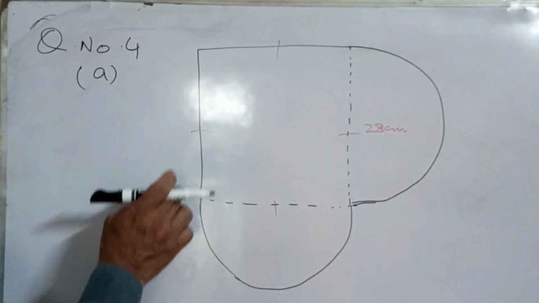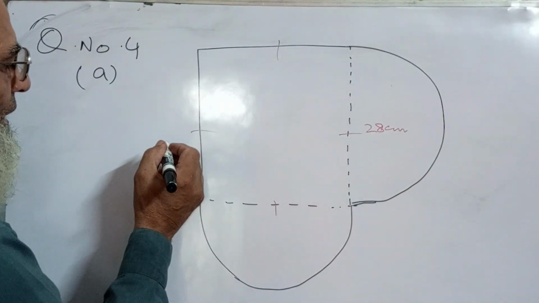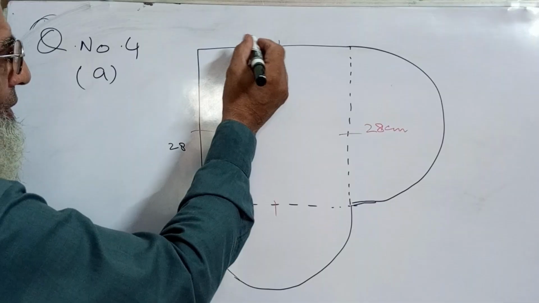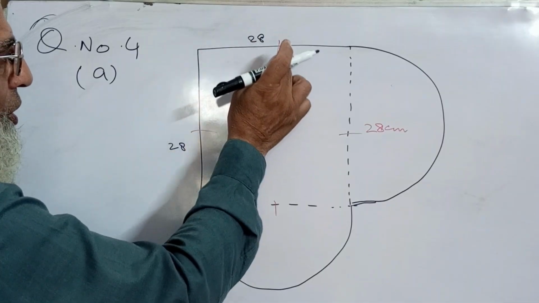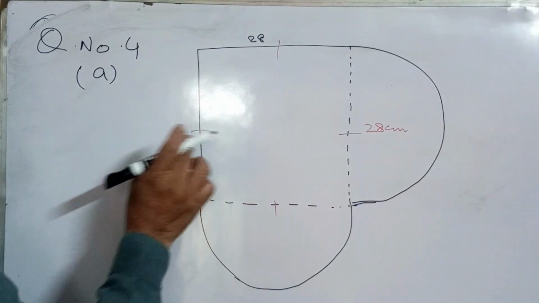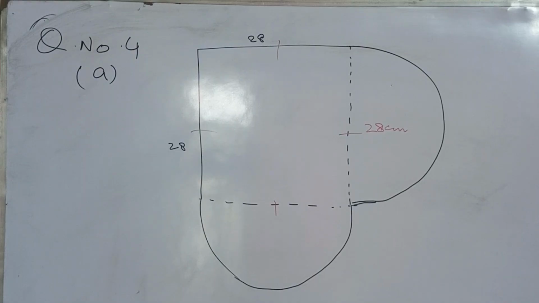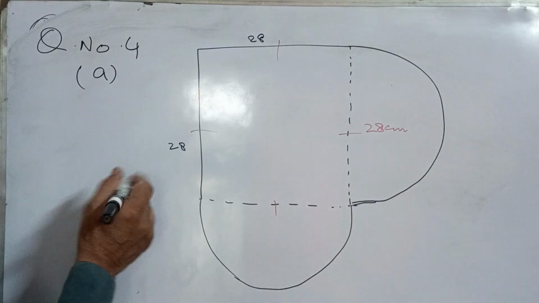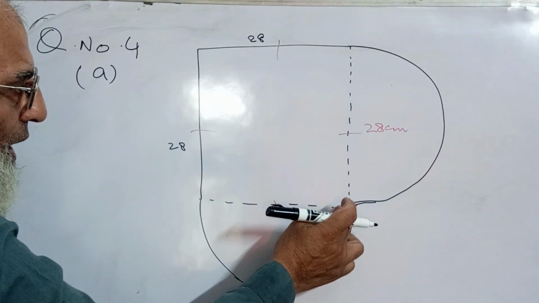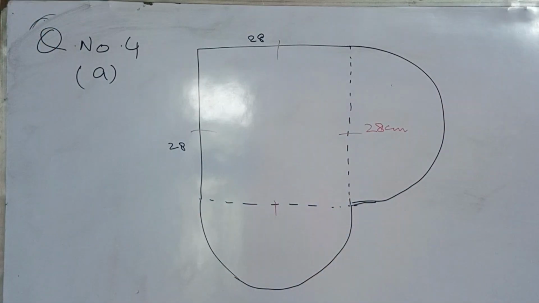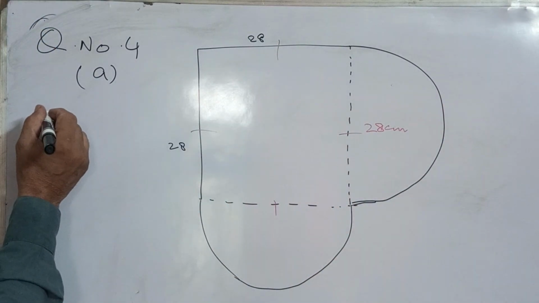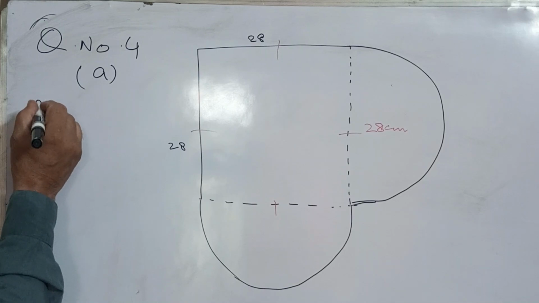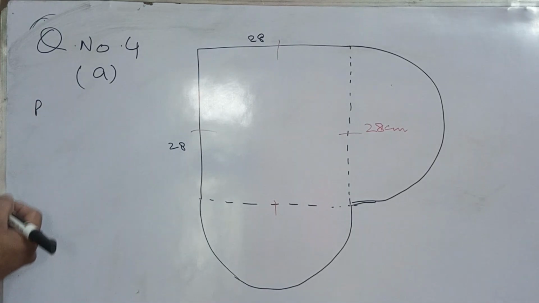Okay, now you see that if it is 28, now this is also 28 and this is also 28, because all measures are equal. Okay, now if I do it over here, the perimeter of this, now this is the half circle and this is the half circle again, so we have to find the perimeter or circumference.